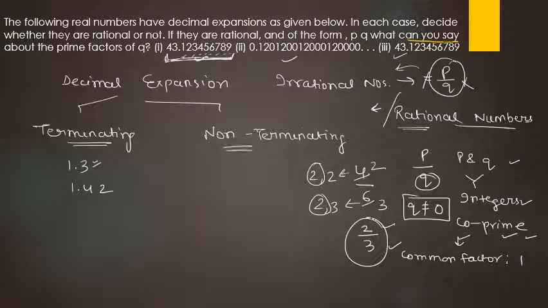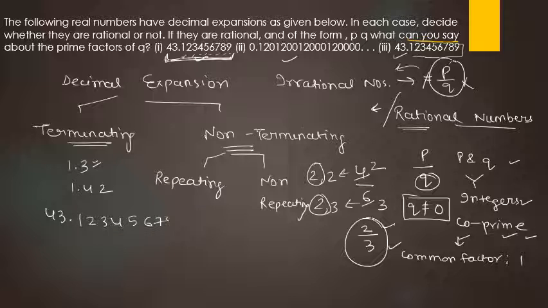Then you have non-terminating, which never ends. Now they are never ending. Maybe they are repeating or recurring, or they are non-repeating. Just like you can see here, there is a bar on these digits. That means this expansion can be written as 1 2 3 4 5 6 7 8 9 bar.